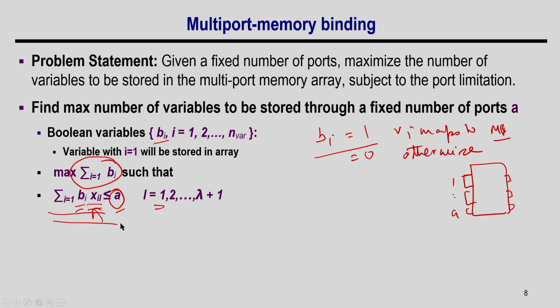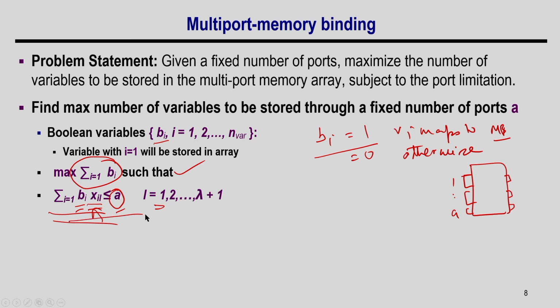So, the ILP formulation is very simple: I want to maximize the number of variables mapped to this memory bank, subject to the access limitation that at every timestamp the number of accesses to the variables mapped to that memory bank should be less than or equal to a. This is what the constraint talks about.